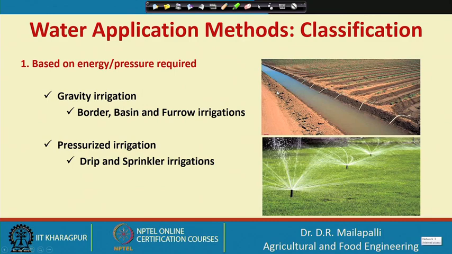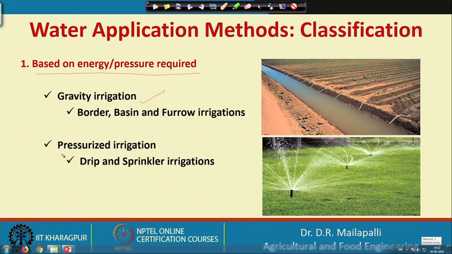The water application methods are basically classified into three groups. The first group is based on the energy and pressure required, for example, gravity irrigation, which does not really require any pressure, and the other category, pressure irrigation.